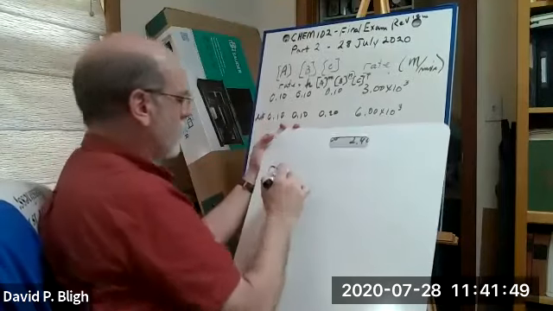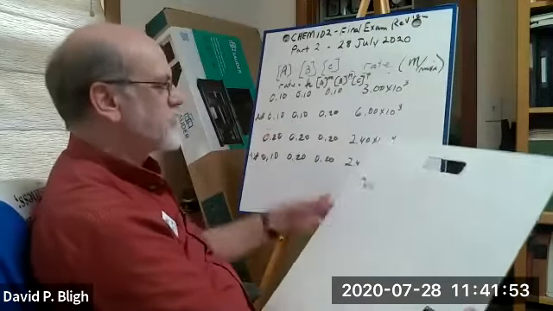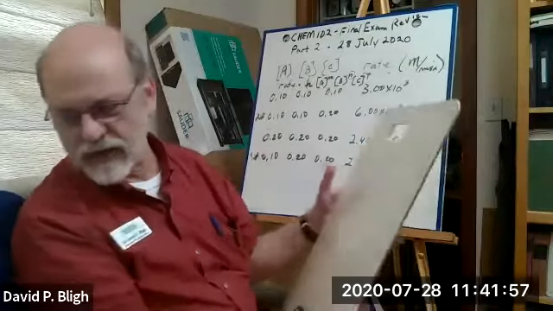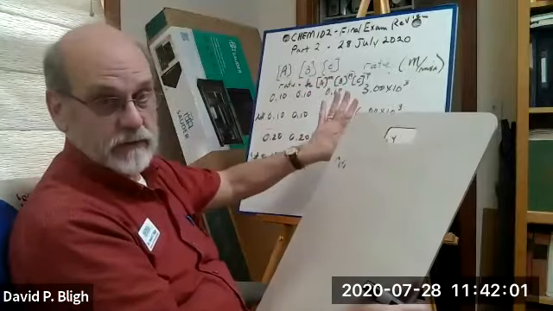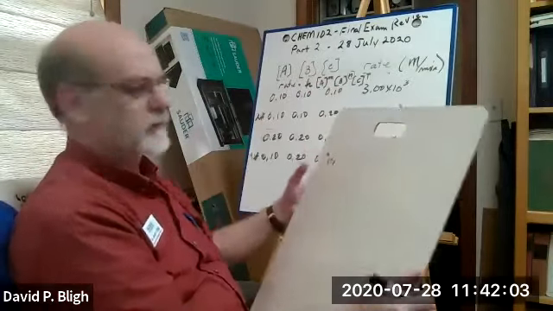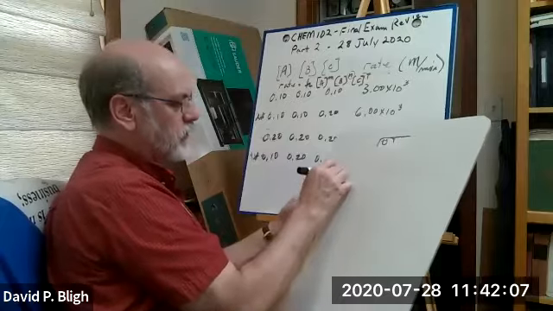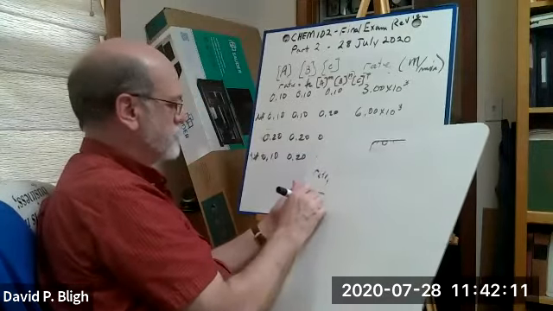Experiment 2, experiment 4. So how do we choose which one goes on top? Well, it's best to choose the one where you have the larger value on top for the rate, so that you get a whole number. So we're going to do rate 4 divided by rate 2.